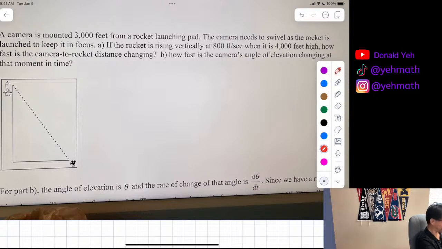So I think he used tangent because you have 3,000, right? And then the angle is dealing with this. I think you're right.